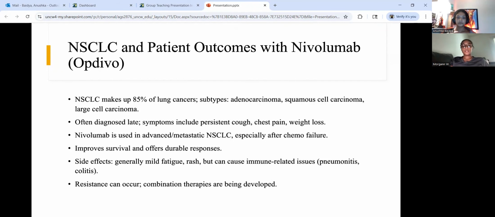It is warranted that, because resistance can occur within this disease, patients and providers are really making sure that treatment is being applied effectively and is also being applied effectively with other therapies.